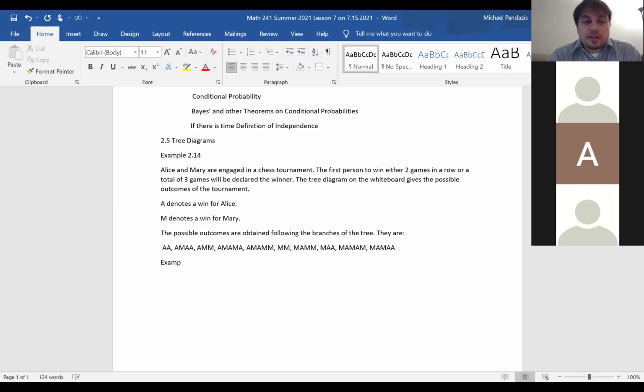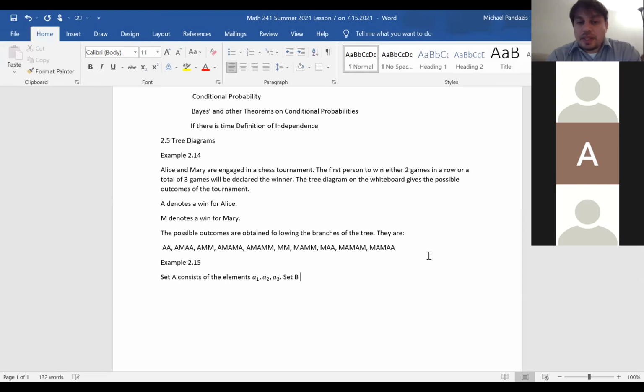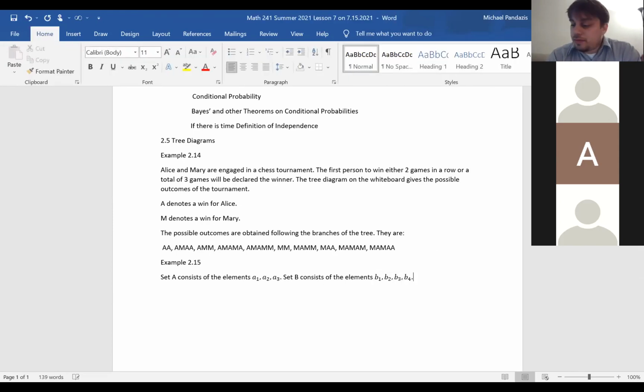Example 2.15. Set A consists of the elements A1, A2, A3. Set B consists of the elements B1, B2, B3, and B4. Okay.